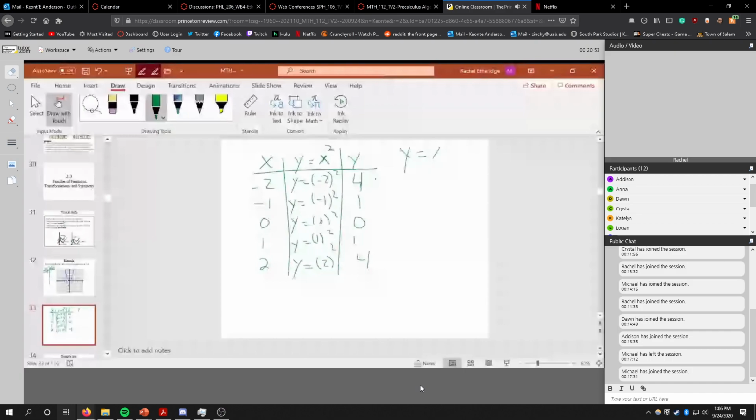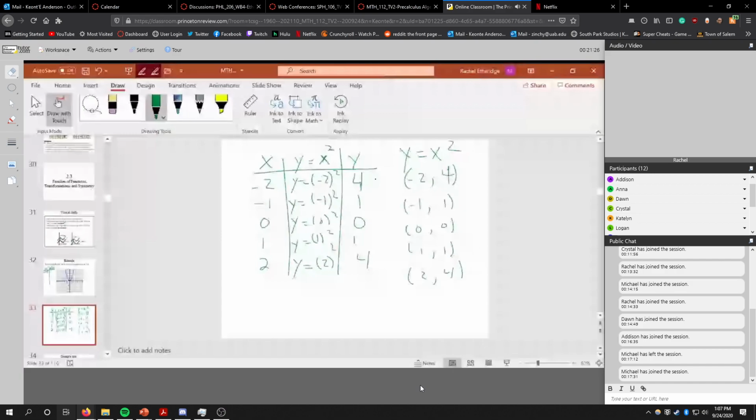I know I'm making this more complicated than it needs to be, but here's the reason I'm doing it. I want to show you that with a vertical shift, all you're going to do is add values to your y. So those are the ordered pairs I got from that table.